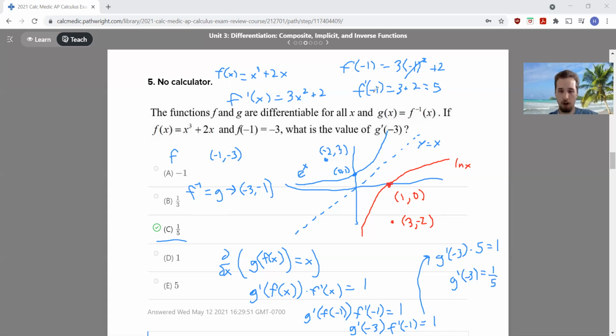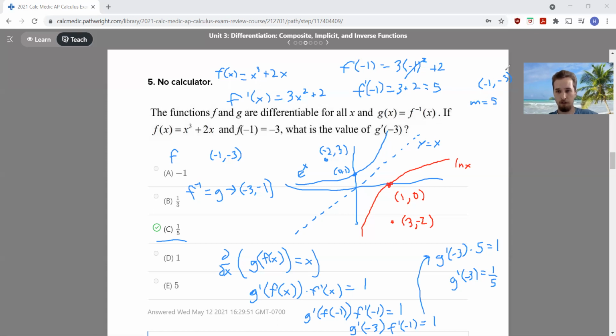So we know the slope at -1 is going to be 5, right? So at the point -1, -3, the slope is 5, right?